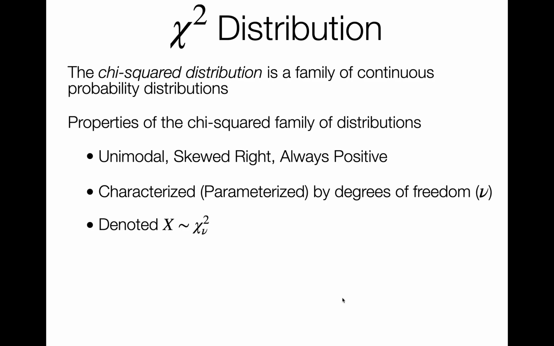It's characterized, or what I call parameterized, by degrees of freedom, and I'm going to call that degrees of freedom nu. I know that for the t we also had degrees of freedom, and I just called them df. That was my bad. Usually they are given a symbol, and that symbol is nu, the Greek letter nu.